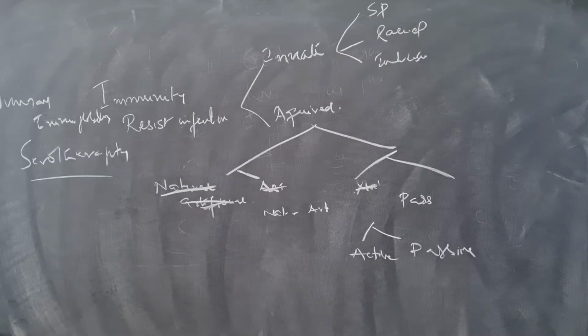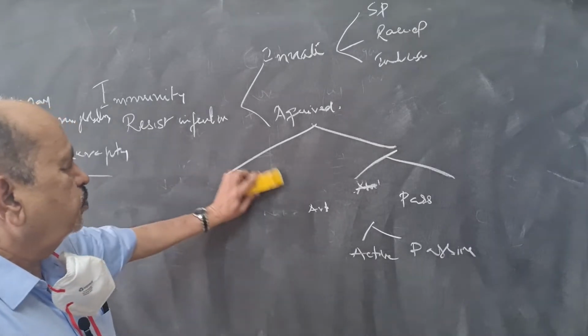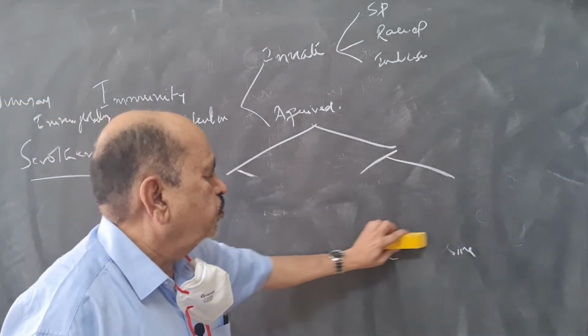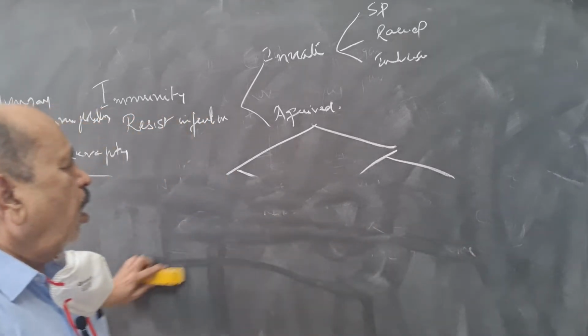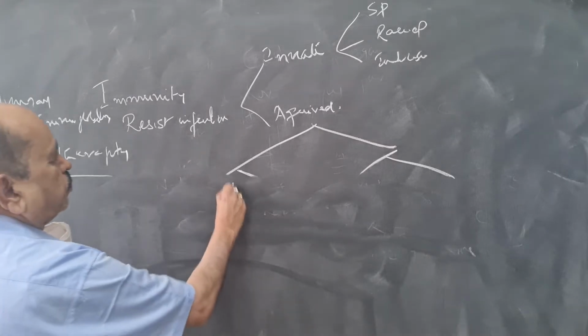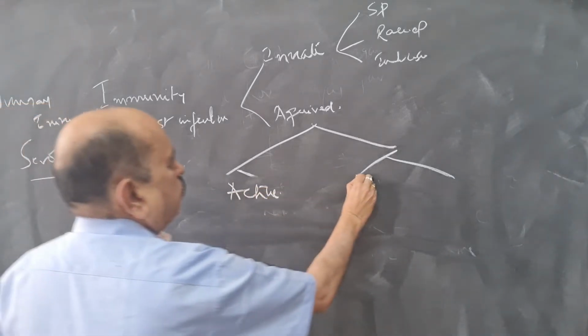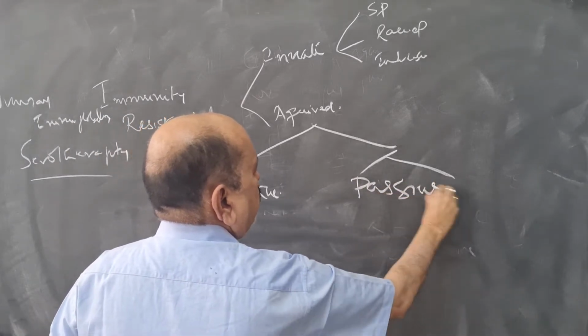So immunity is the ability of the body to resist infection. It can be innate, which is further divided into species, racial, and individual, and acquired, which is again active and passive.